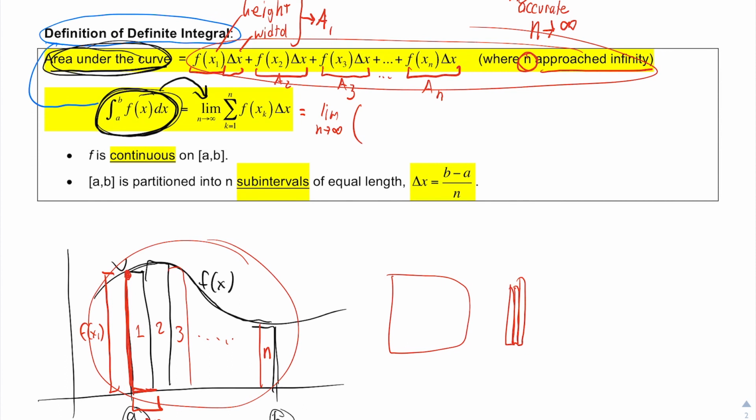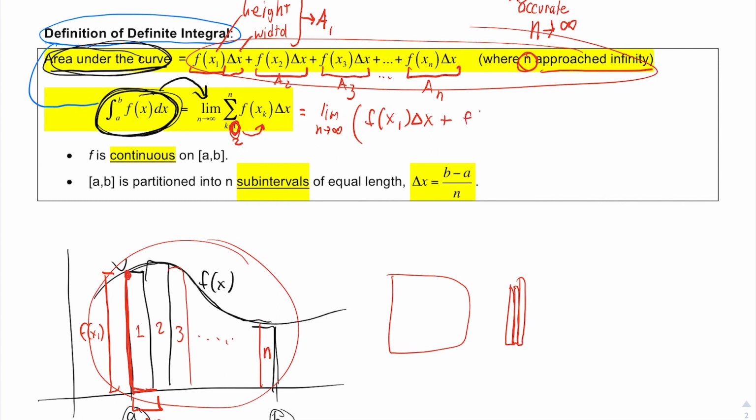How does summation notation work? We take our first value, 1, and we plug it into our function here. So we have f of x1 times delta x. So there's our first term. Plus, now what happens to this 1 here? It changes to a 2.